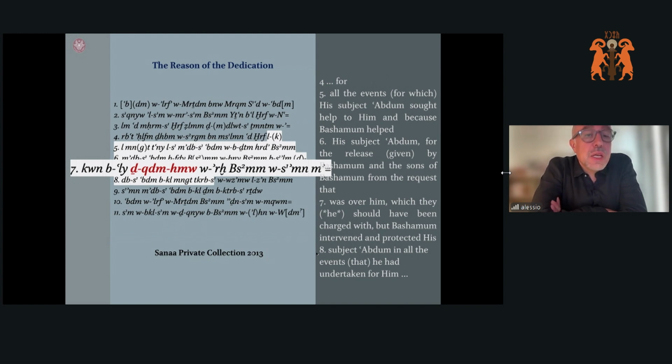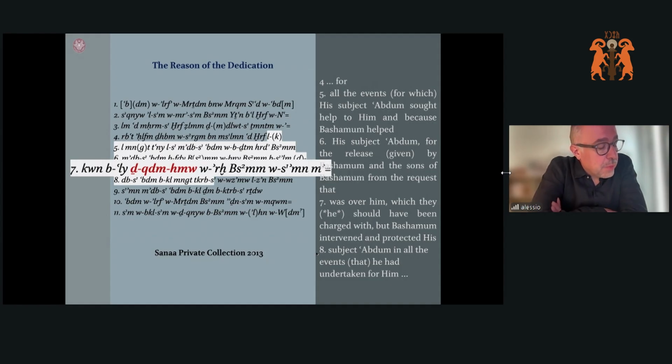Here we encounter the expression "dhu kadam homo," which is a Sabaic expression, as indicated by the Sabaic third-person masculine plural suffix homo. The plural may refer to the three subjects mentioned at the beginning of the inscription, although more likely the suffix might represent a fixed form without full awareness of grammatical agreement, thus referring only to Abdum, which is in fact the main actor of the text.